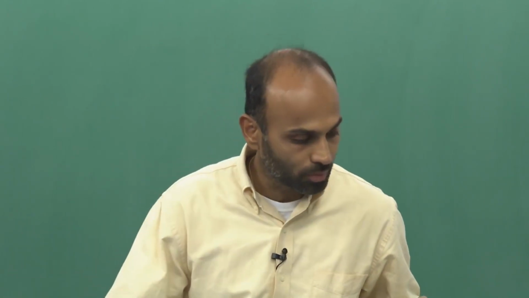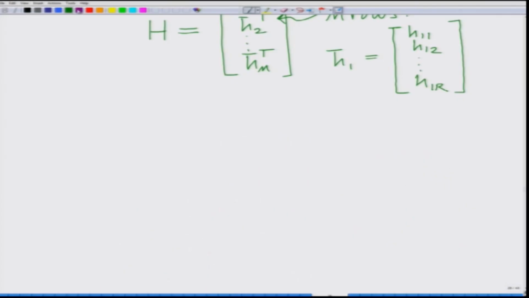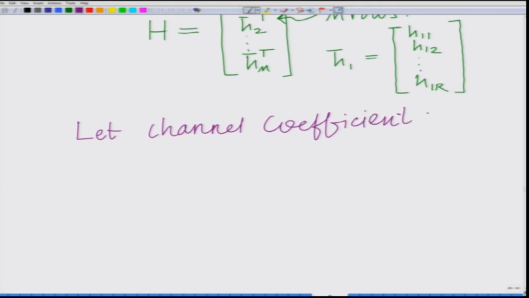Now, let the channel coefficients Hij be IID, not necessarily Gaussian; they can be independent, identically distributed.